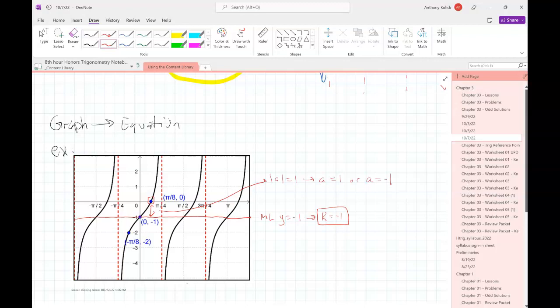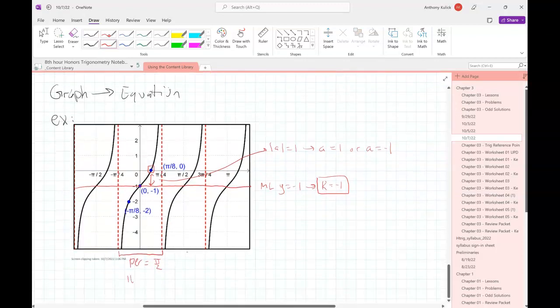Everybody's cool? The period, well, the easiest thing to do is just look at the distance between the asymptotes. So how far is it from negative pi over 4 to positive pi over 4? It's a half a pi, right?